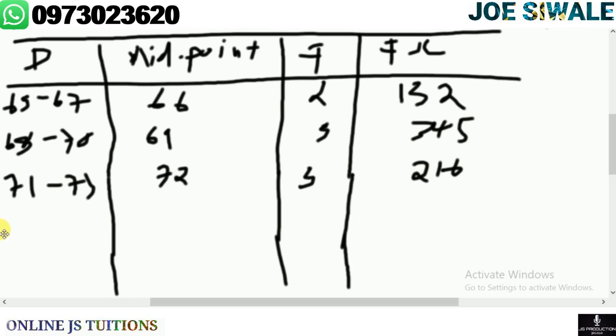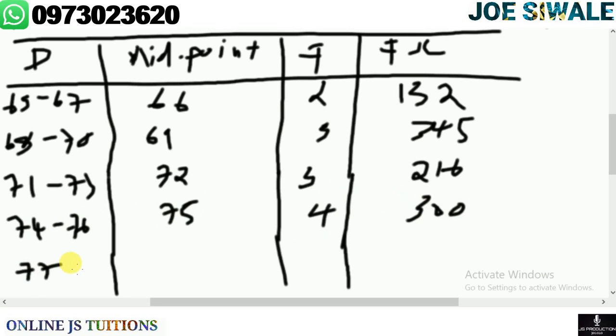Then we also have 74 to 76, so the midpoint is 75, and the frequency is 4. 75 multiplied by 4 is 300. Then we also have 77 to 79, the midpoint there is 78, and the frequency is 4. 4 multiplied by 78 is 312.